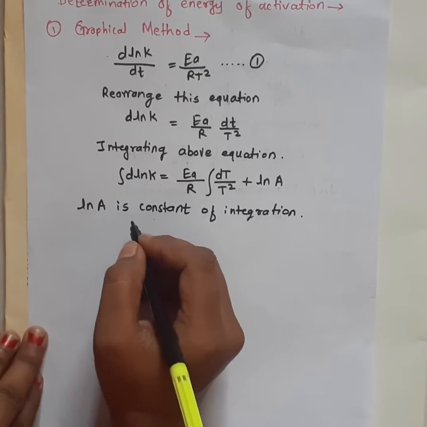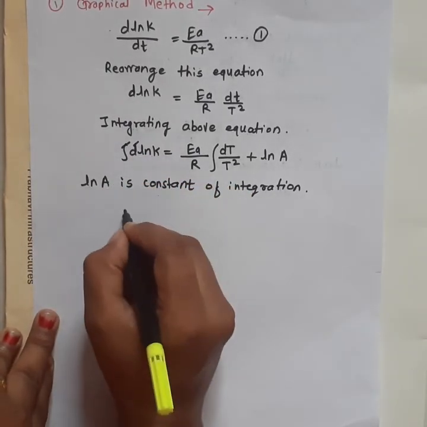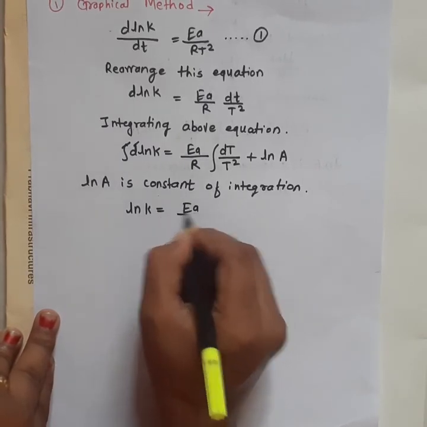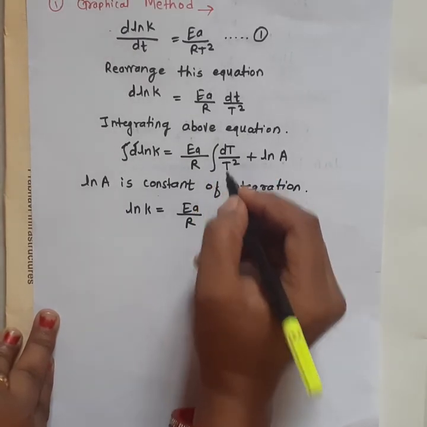By integration, the integral and the d get cancelled. Therefore we got ln k is equal to Ea upon R. And what is the integration of dT upon T square?